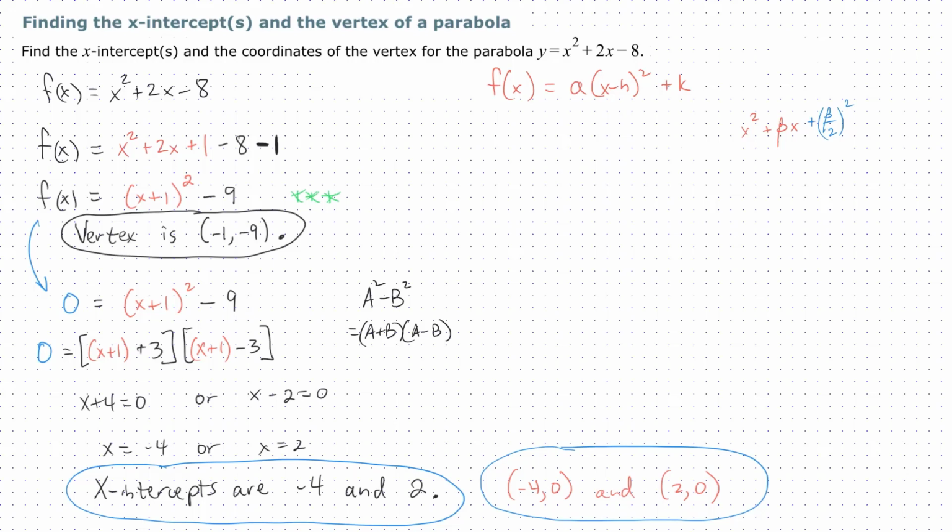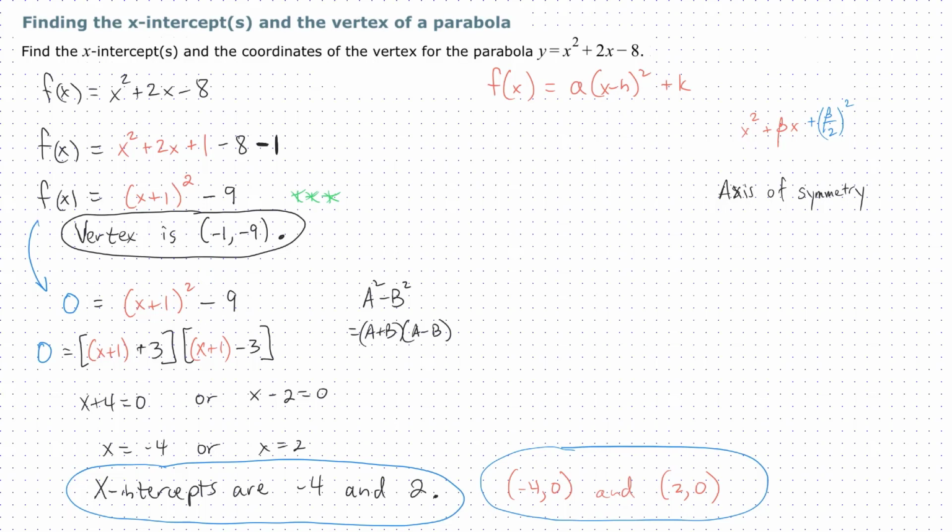Another thing you could find is the axis of symmetry. Remember, the axis of symmetry is a vertical line that goes through the vertex. So if you look at the first half of the ordered pair of the vertex, you're going to realize x is -1.